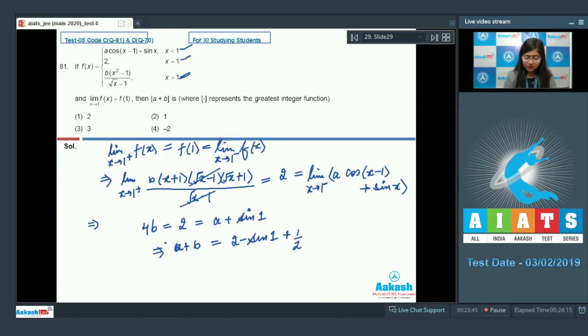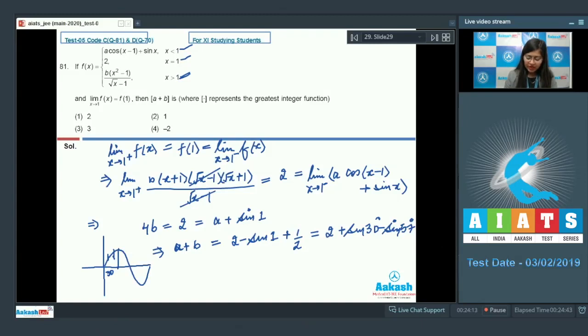Now we have to find the value of the greatest integer of a plus b. It can be rewritten as 2 plus half, which can be written as sine 30 degrees, minus sine of 1 radian, which is approximately equal to 57 degrees. Now from the graph of sine x, we can observe that here we have 30 degrees and here we have 57 degrees.